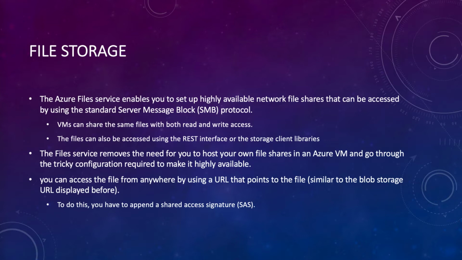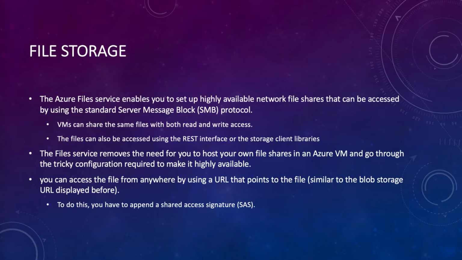One thing that's really special about Azure file shares versus on-premises file shares is that you can access the files anywhere in the world by using a URL that points to the file, similar to the blob storage URL displayed before.